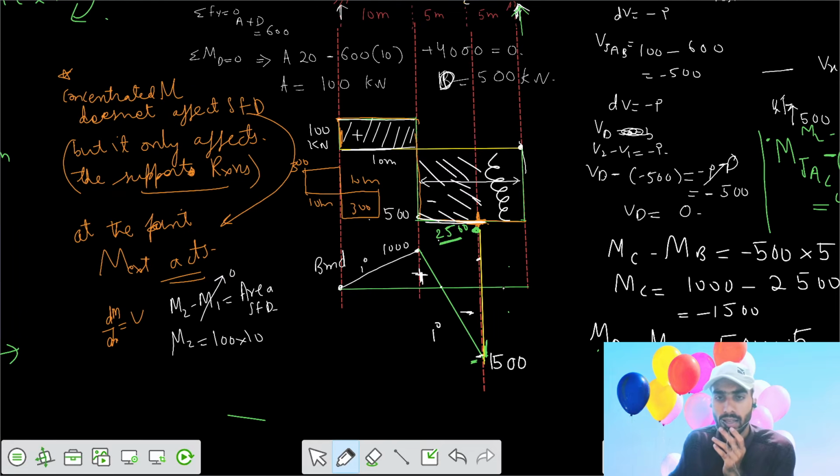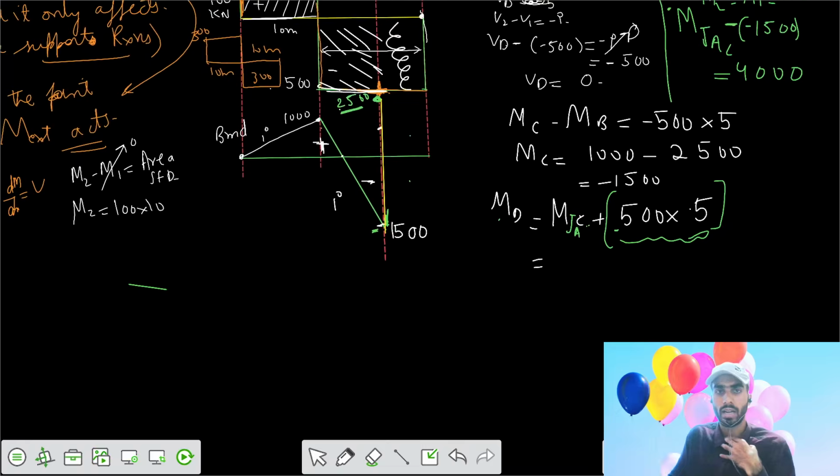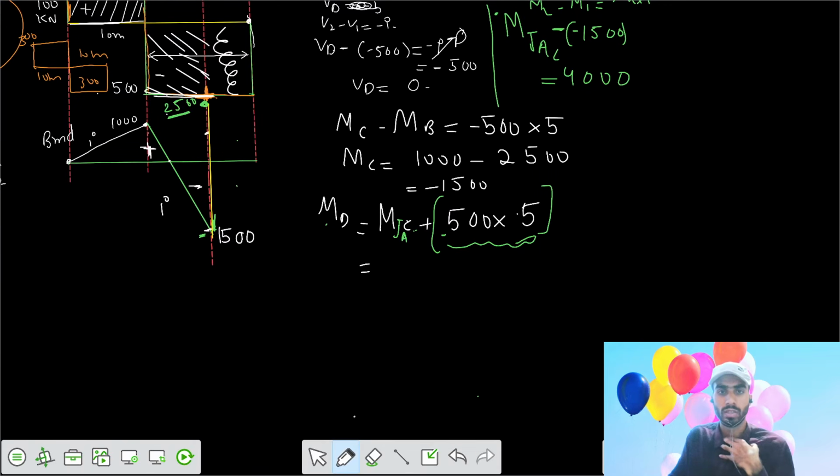After that we can get the value of moment at D. The moment at D equals moment just after C plus the area of the shear force diagram between the two points. The shear force is minus 500 and the length was 5 meter.